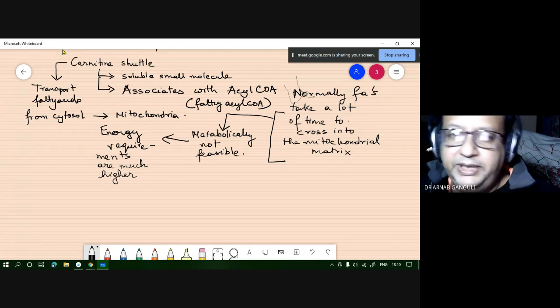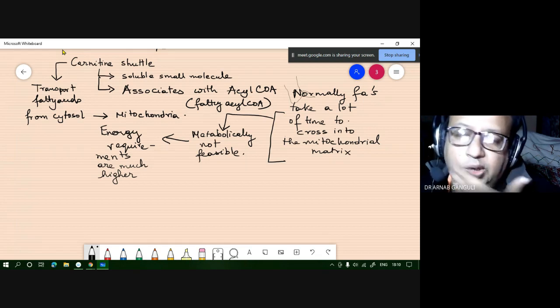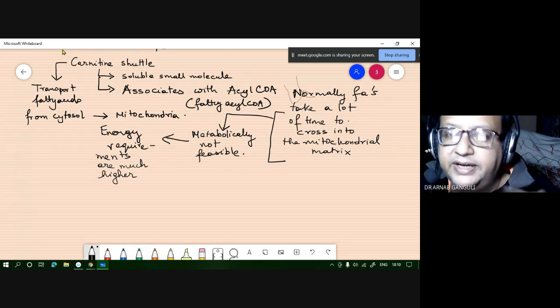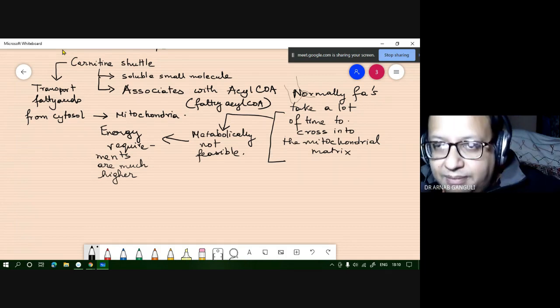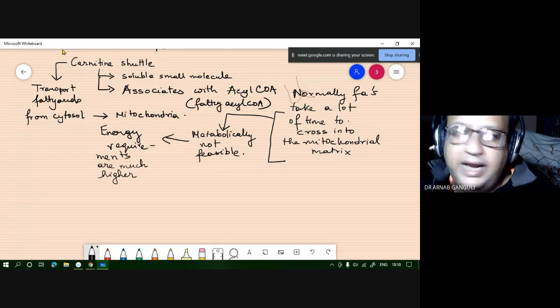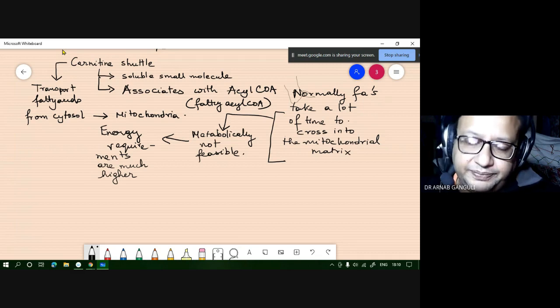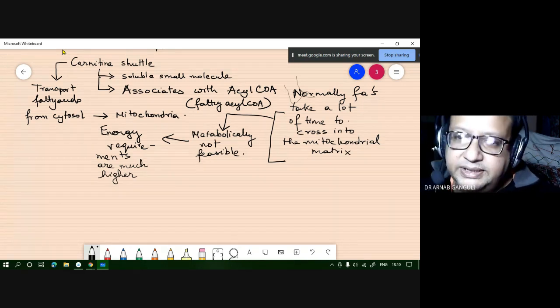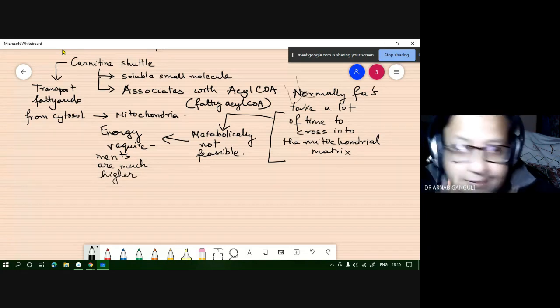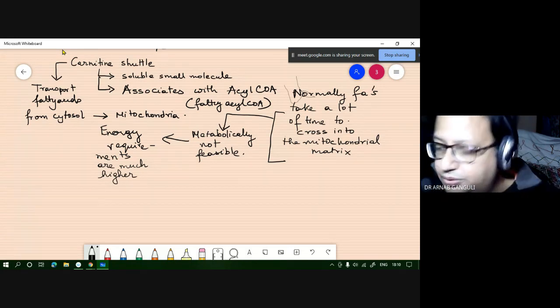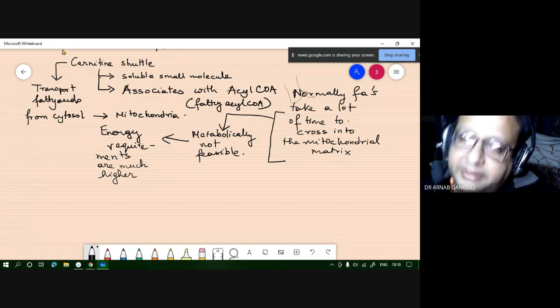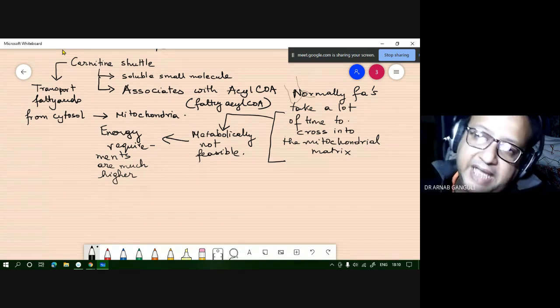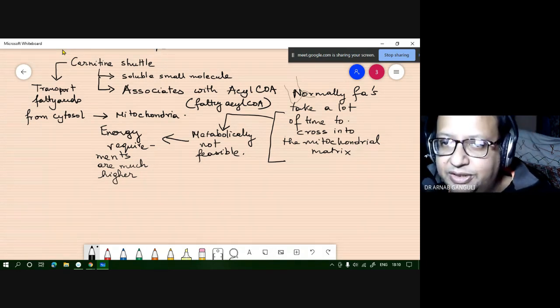So to speed up, this cannot wait forever for the fatty acid to come into the mitochondria. Once it has come into the mitochondria, beta oxidation will take place, then energy will come. You cannot wait for that.